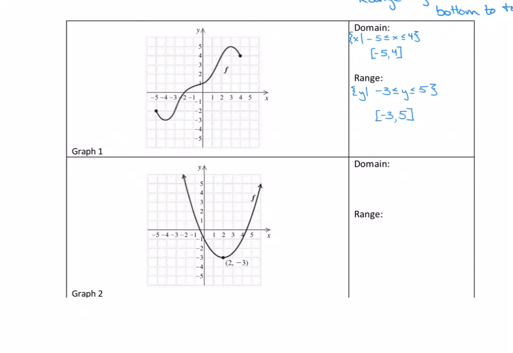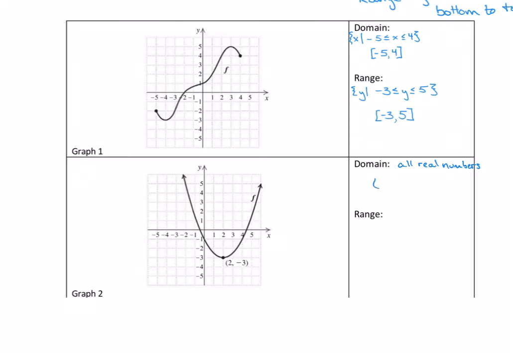What about the other arrow? How far to the right does it go? This arrow not only goes forever up, it also goes forever to the right. And so in terms of domain, when you see these arrows that go both directions, this is all real numbers.